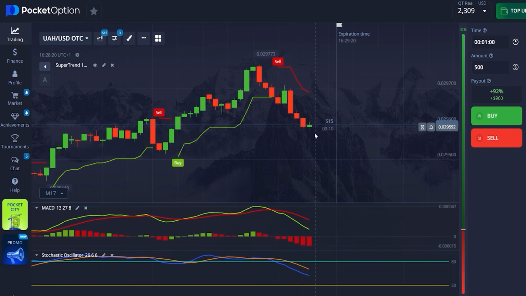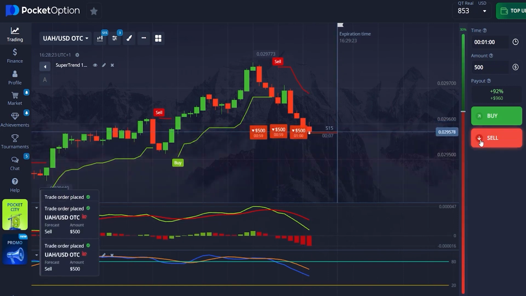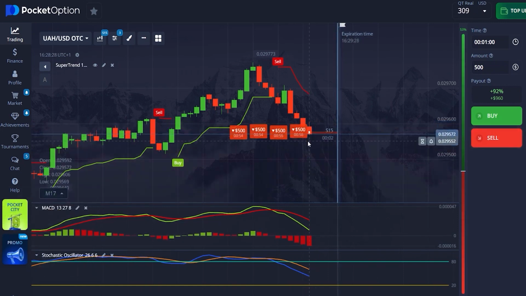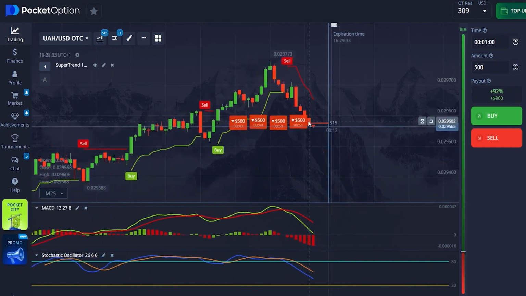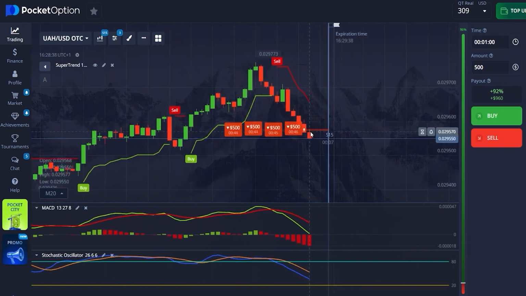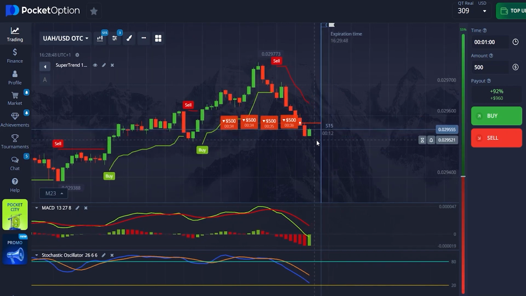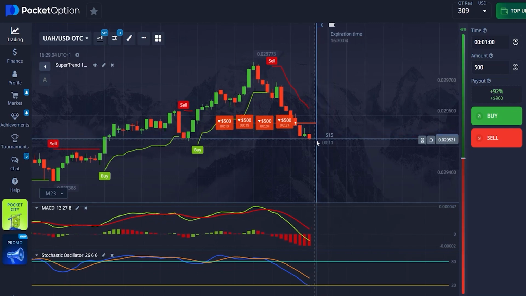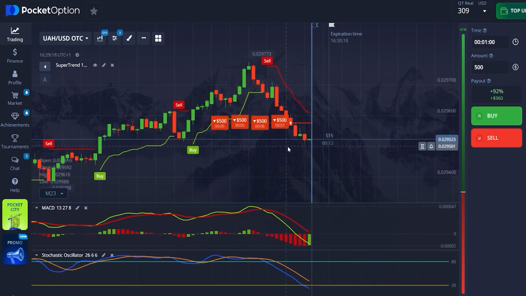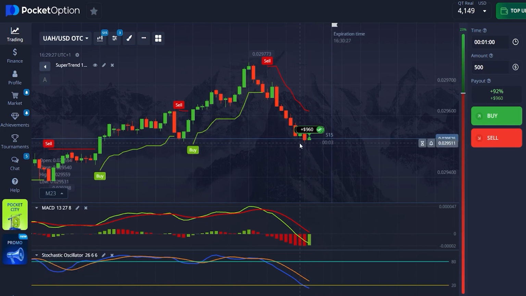So I want the candlestick to be a bearish candle. So right here I make another win.